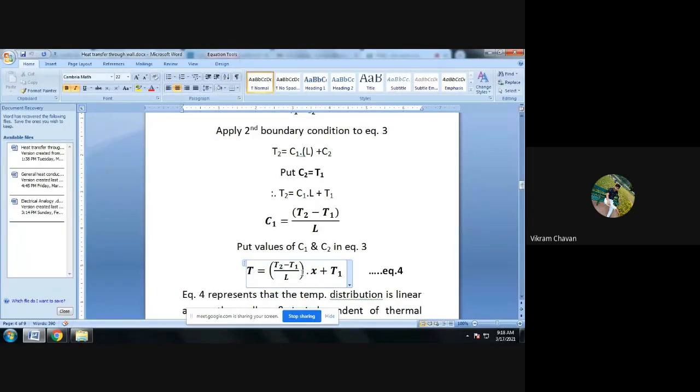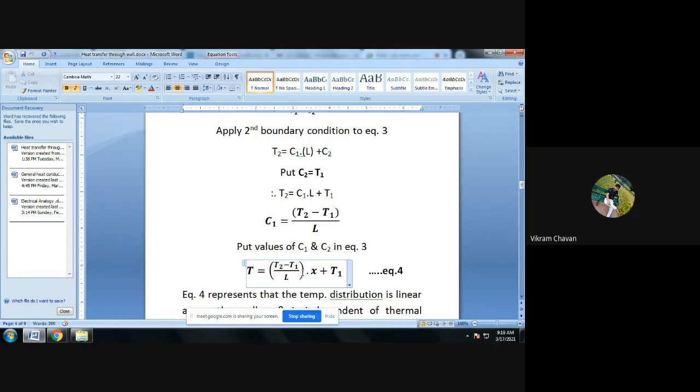So we can say that the temperature distribution in a wall is in a straight line, or a linear temperature distribution. What it signifies is that the change in temperature with respect to distance on a graph will provide you a straight line.